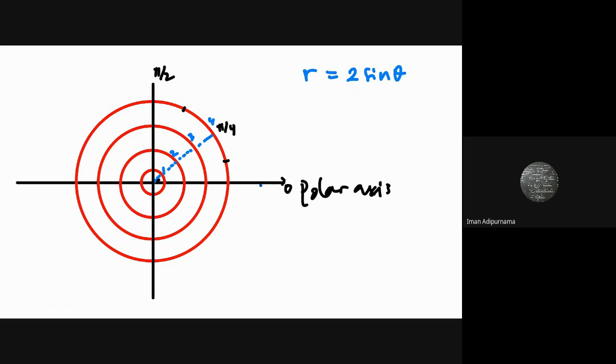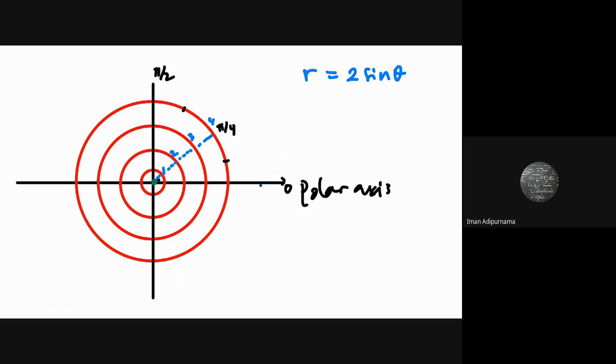And let's write down the 2 sine theta. So when sine is 0, r is 0. We start from, let me make another color, a 0 here. We are not having any radius at all.